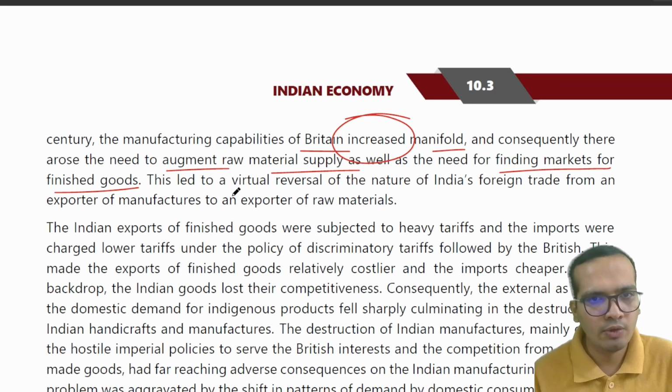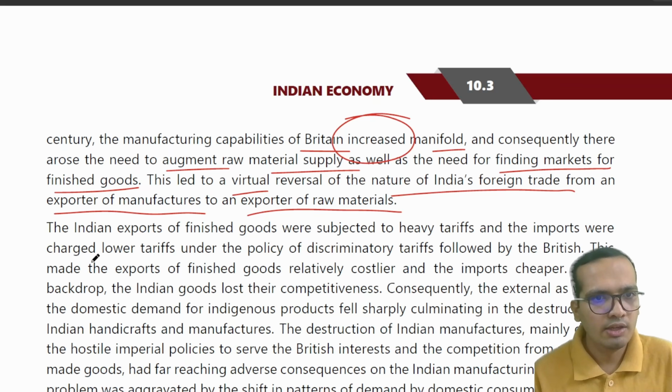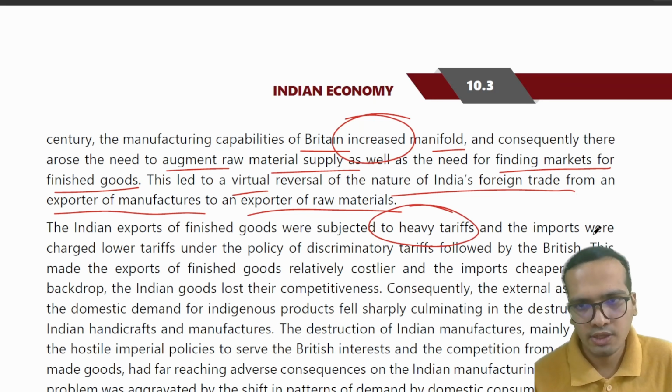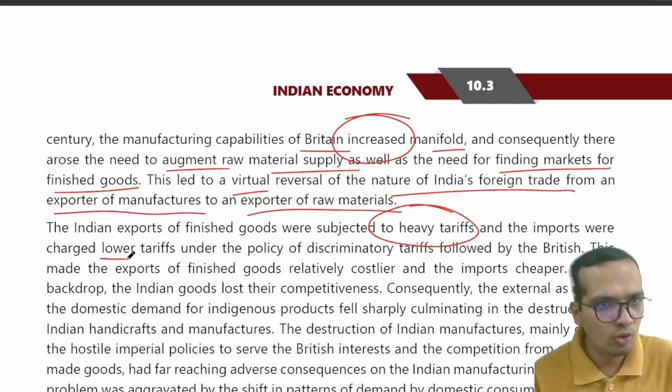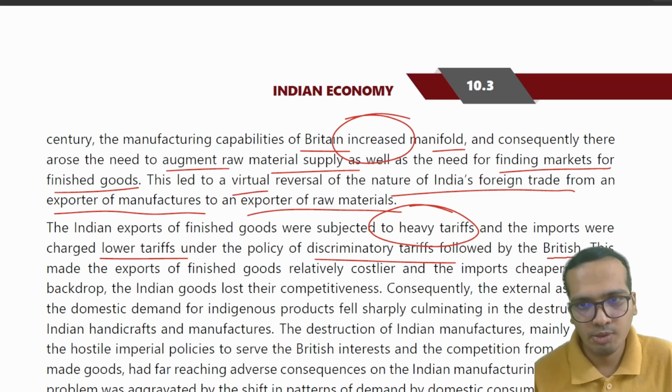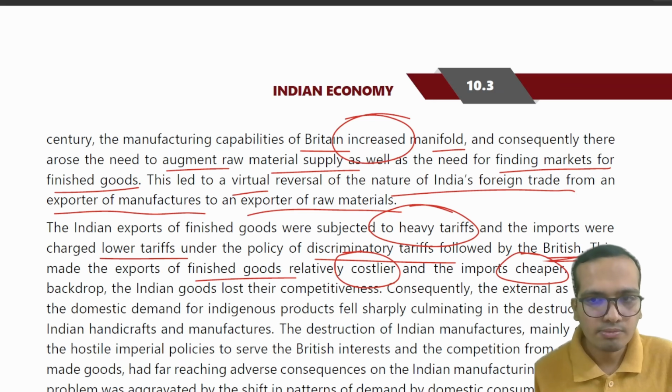This led to a vital reversal in the nature of Indian foreign trade, from an exporter of manufactures to an exporter of raw materials. The Indian exports of finished goods were subject to heavy tariffs, and the imports were charged lower tariffs under the policy of discriminatory tariffs followed by the British. This made the export of finished goods relatively costlier. Exports became expensive and the imports cheaper.